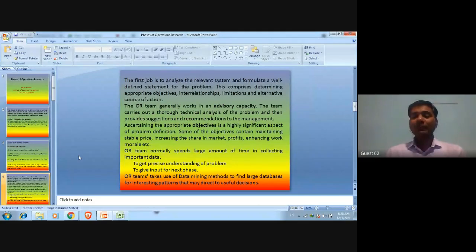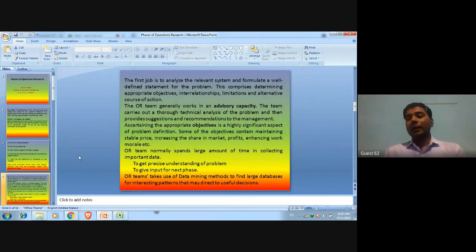So there are many experts in the team. They advise the top management on how to resolve any problem by using a technique.